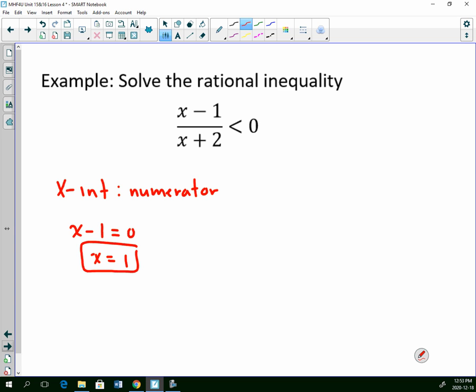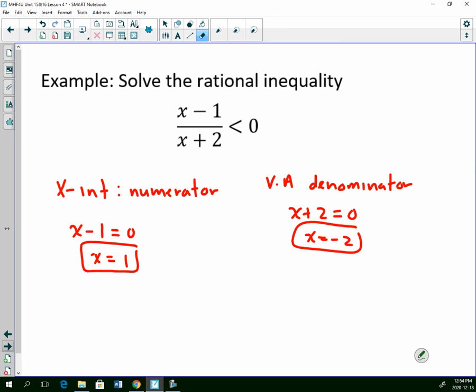The denominator determines my vertical asymptote, because I know the denominator cannot be 0. So we take the denominator, solve, and that will be my vertical asymptote. So this is my vertical asymptote, and this is my x-intercept. So those are the intervals I want to check.